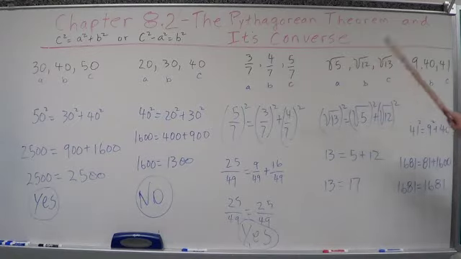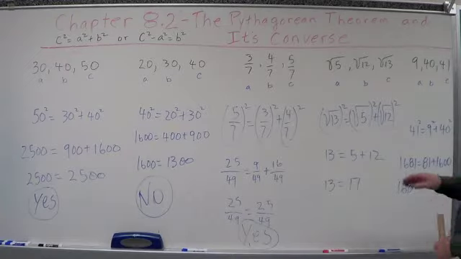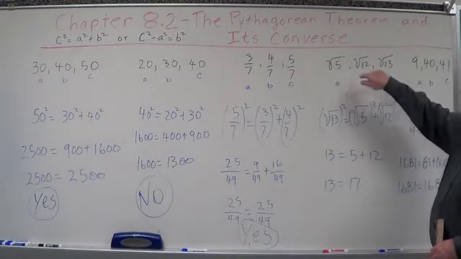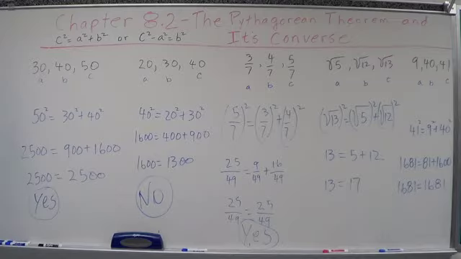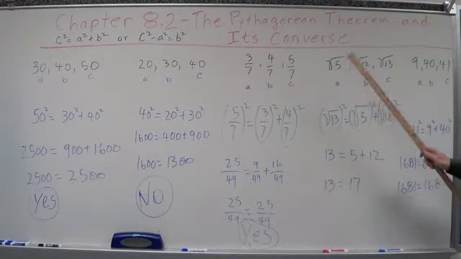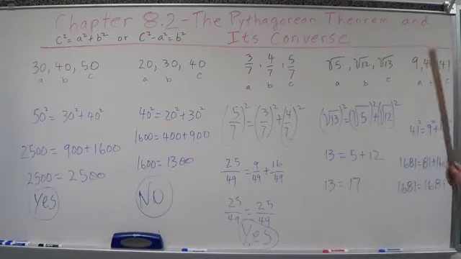This one's a little weird. Square root of 5, square root of 12, square root of 13. Now, you would think that would create a right triangle because 5, 12, and 13 is a Pythagorean triple. Second most popular Pythagorean triple. 13 squared equals 5 squared plus 12 squared. So does the square root of 13 squared equal the square root of 5 squared plus the square root of 12 squared?